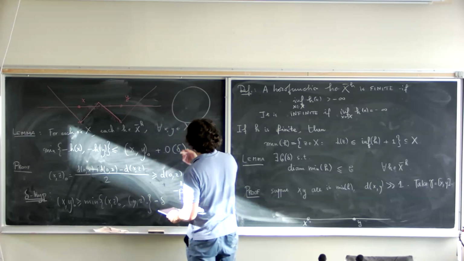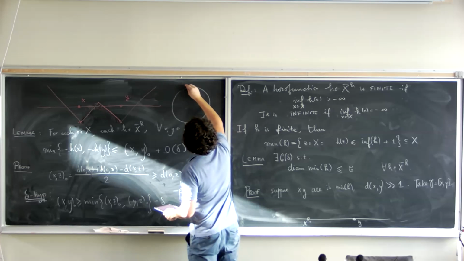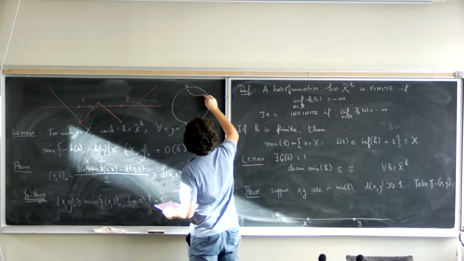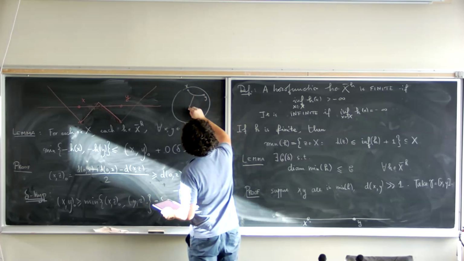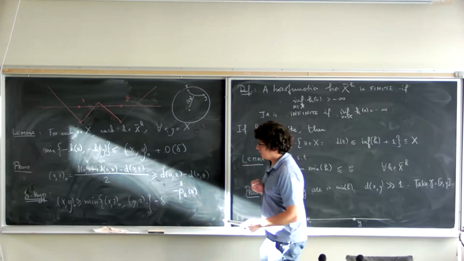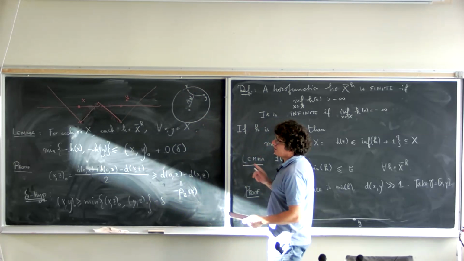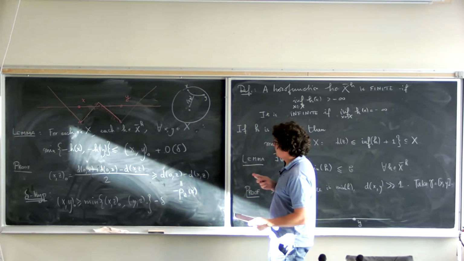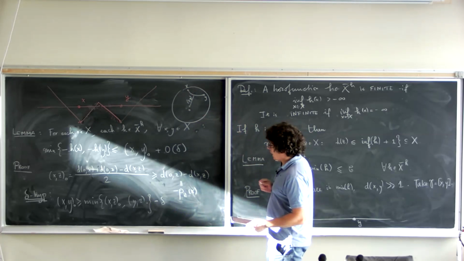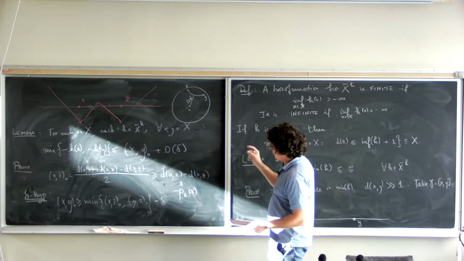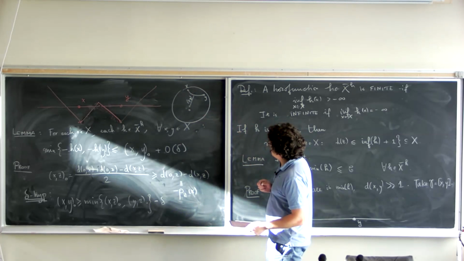Basically, okay, you have X and Y, and this is the Gromov product. And then if you have another one, this is bigger than the minimum of the two.